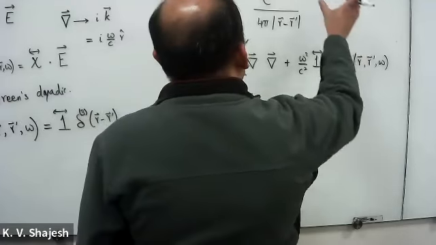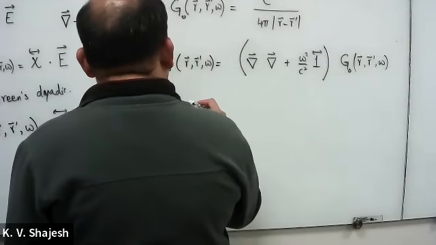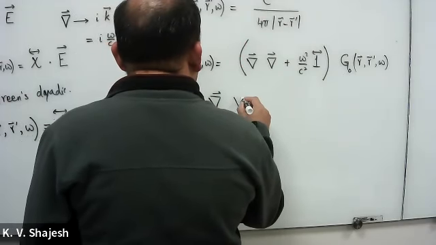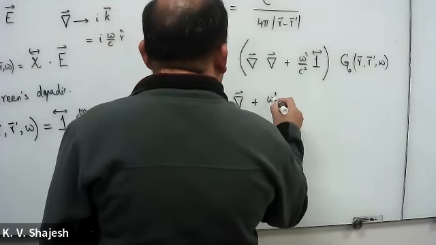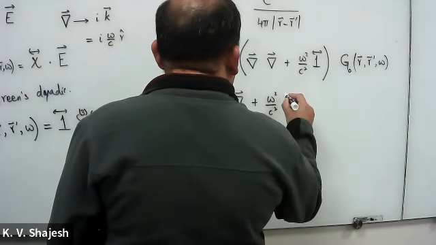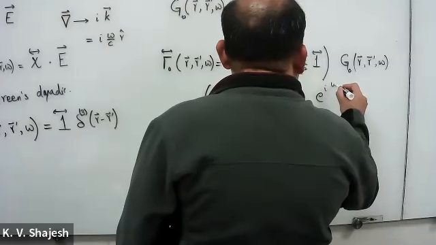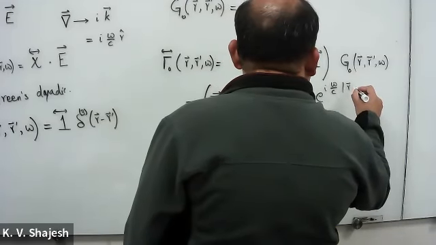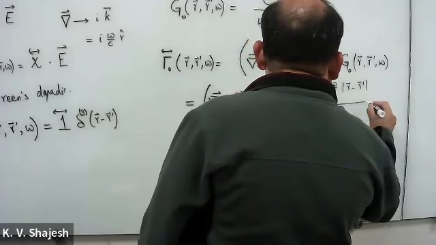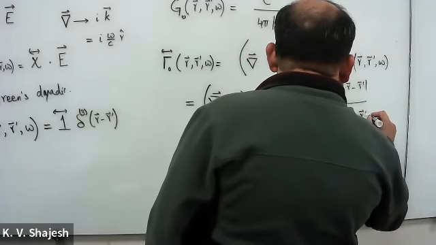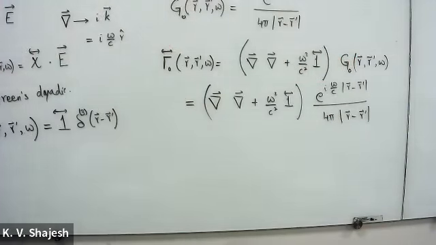So I replace this in here. That's exponential gradient plus omega square over c square 1 times exponential of i omega over c r prime over 4 pi. Again, this is complete. Green's function takes care of everything, but we are interested only in the far field approximation.